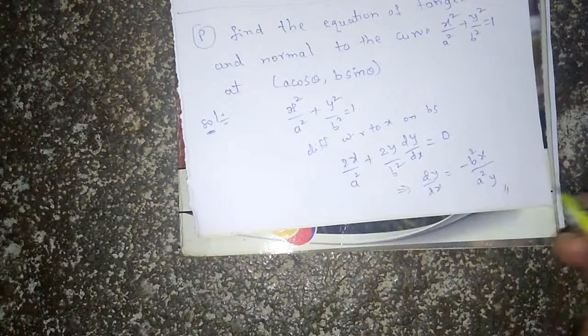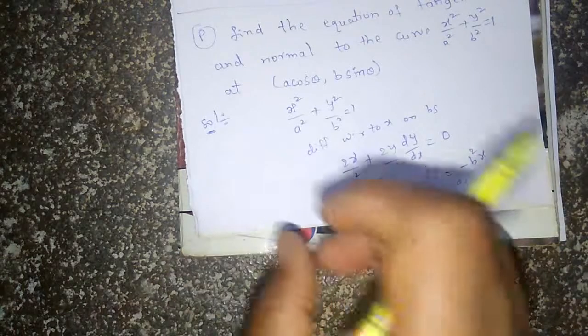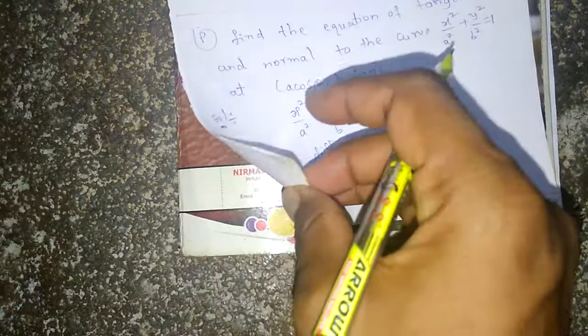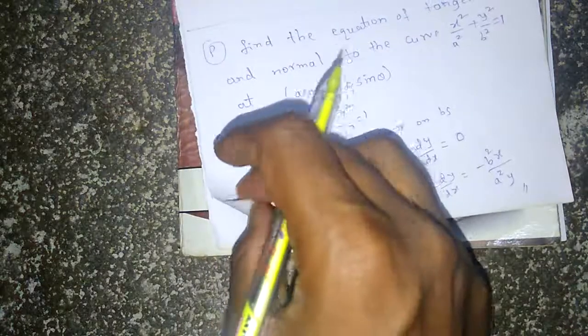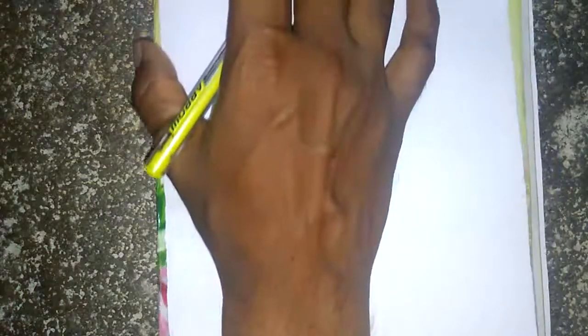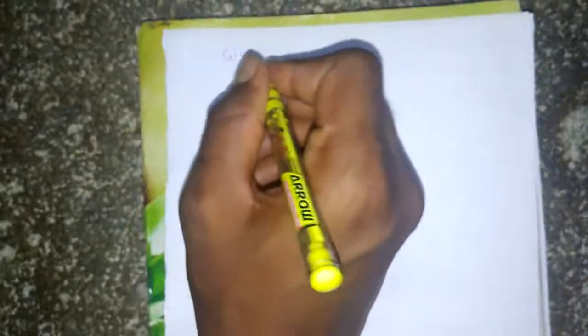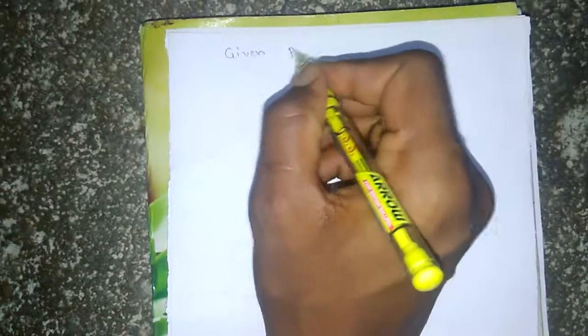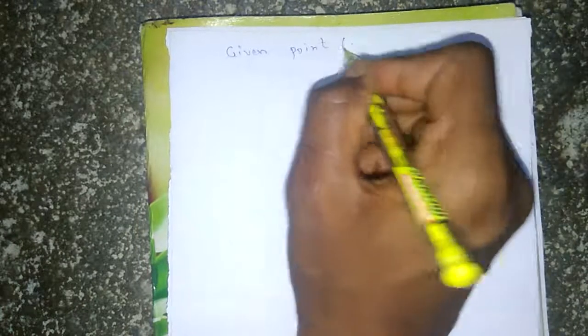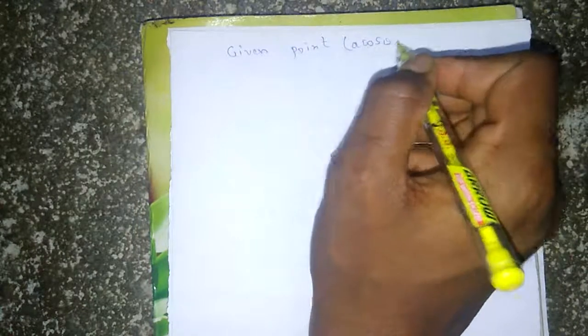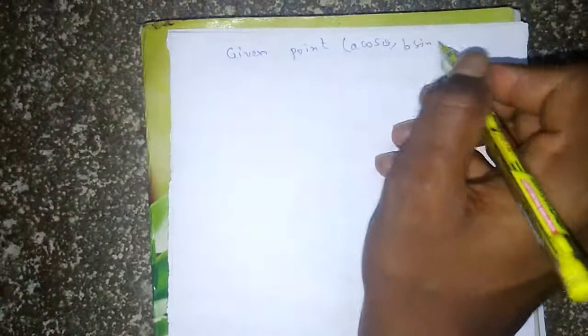I wrote the step directly: minus b square x by a square y. Now the given point on the curve is (a cos theta, b sin theta).